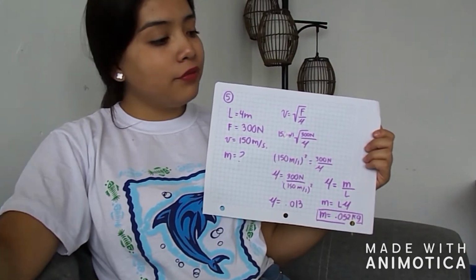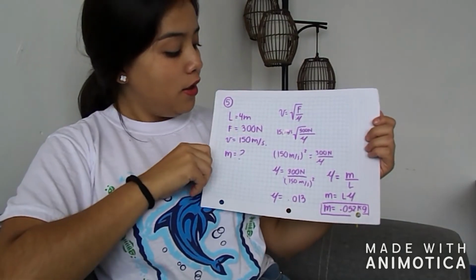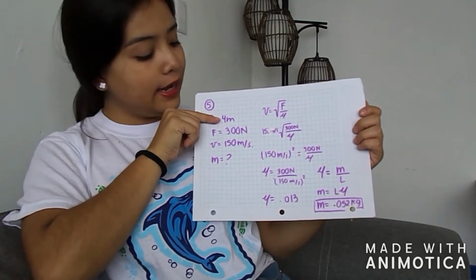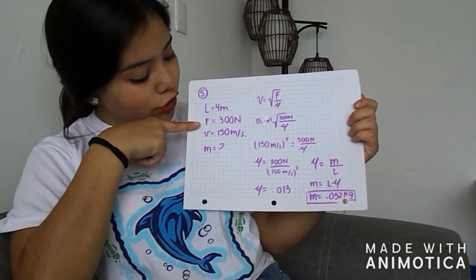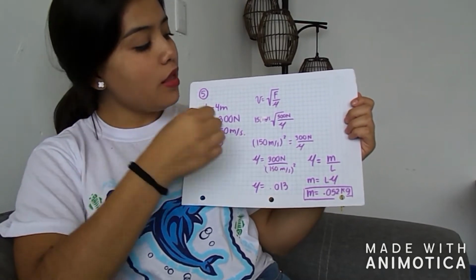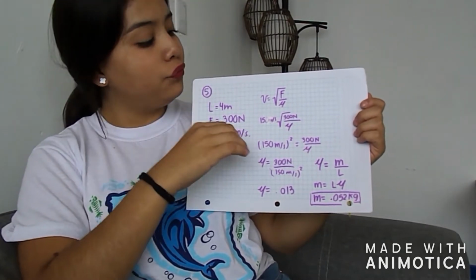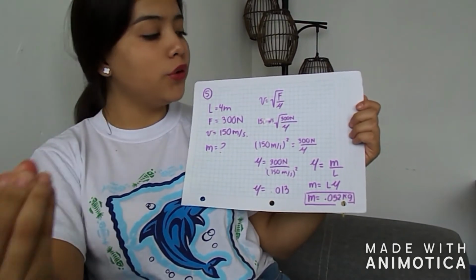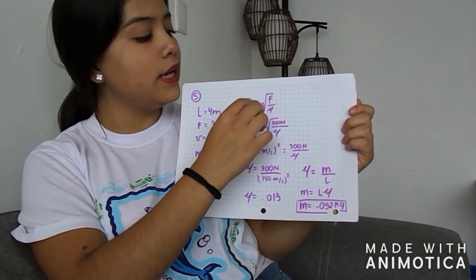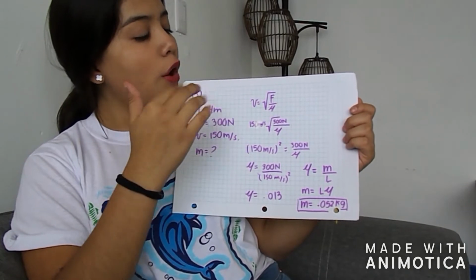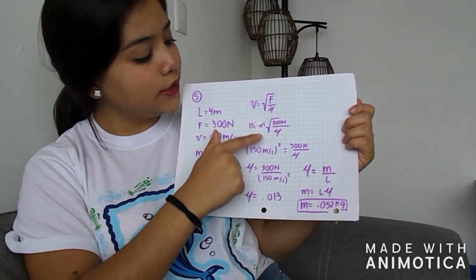In problem number 5, they are asking us for the mass. First of all, we have our data, that is length, force, and velocity. We need to clear out, first of all, for mu. We use the formula of velocity equals the square root of the force over the constant.